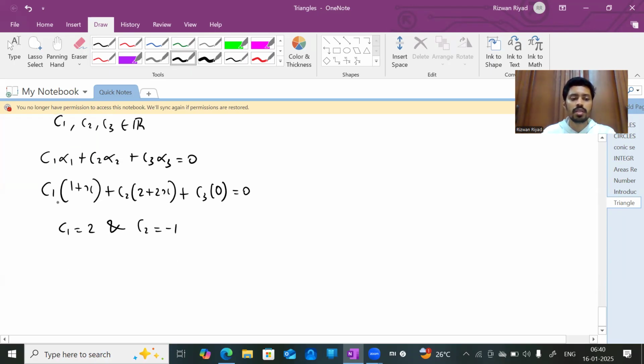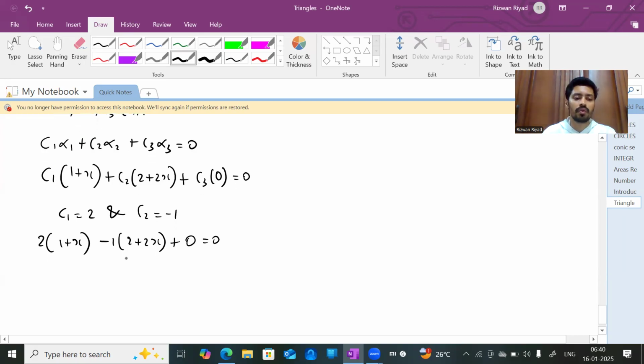See, if C1 is equal to 2, this becomes 2 into 1 plus x. And if C2 is minus 1, this becomes minus 1 into 2 plus 2x, plus C3 into 0 is always 0. So equal to 0.